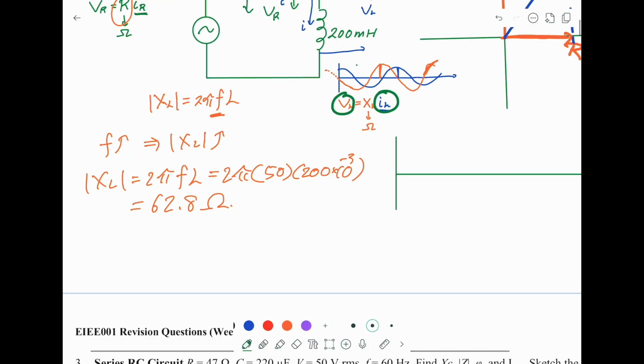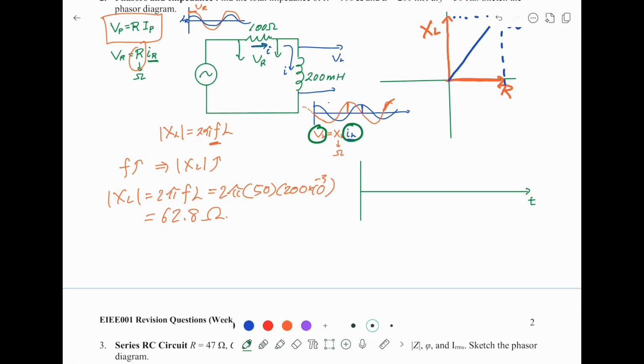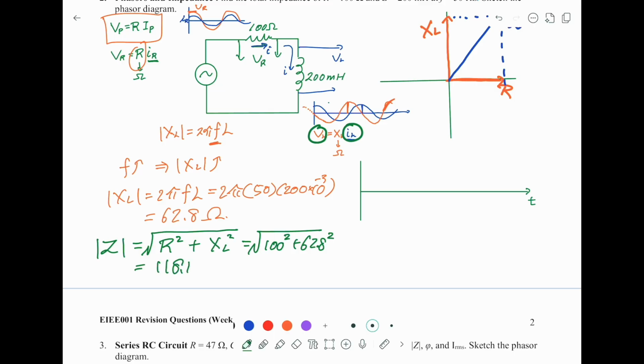Let's do it. We are doing vector addition this time. The complex impedance Z has an absolute value, or amplitude, equal to the square root of R squared plus XL squared. If you plug in 100 squared plus 62.8 squared, you will find this is 118.1 ohms.